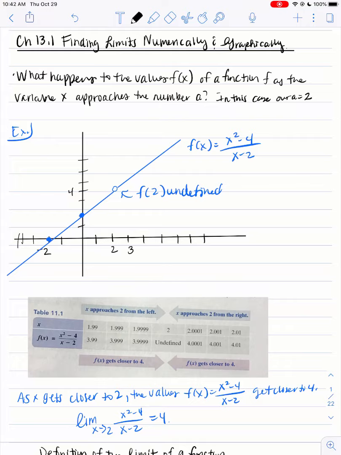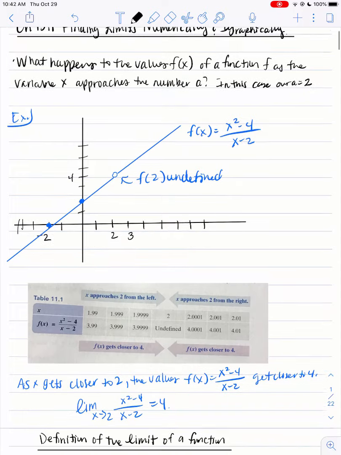And I have x approaches 2 from the right. So it's not exactly at 2 because f of 2 is undefined. As x approaches 2 from the right, those x values are 2.0001 all the way to 2.01. So in both cases, f of x gets closer to 4.